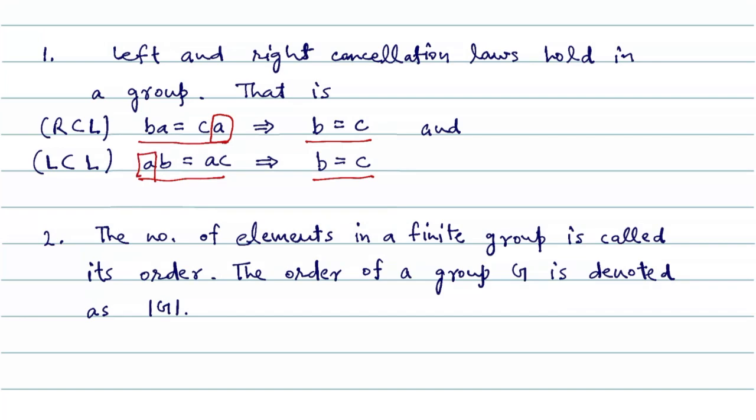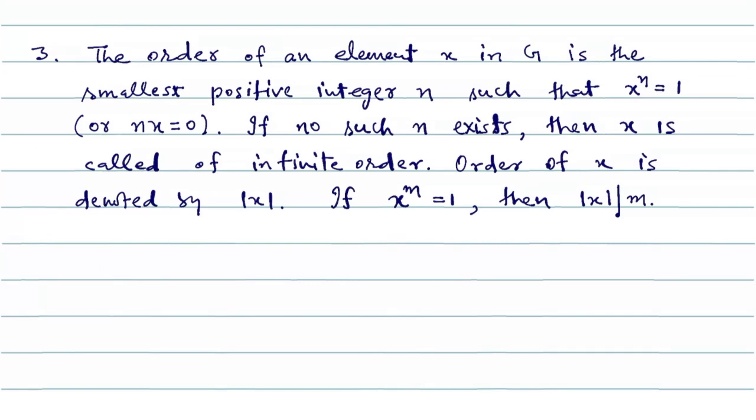And the number of elements in a finite group is called its order. The order of a group G is denoted by this symbol, which we read as order of G. The order of an element x in a group G is the smallest positive integer n such that x to the power n is 1. Additively, if nx equals 0.